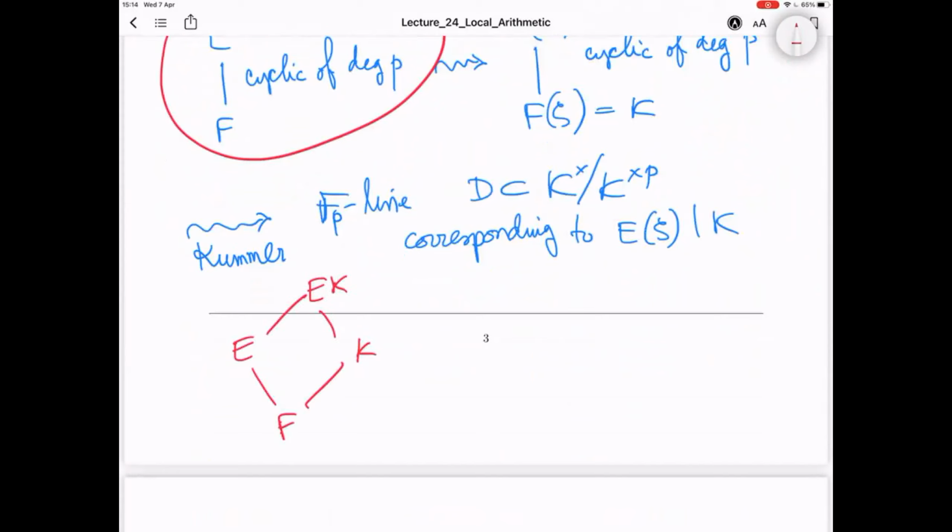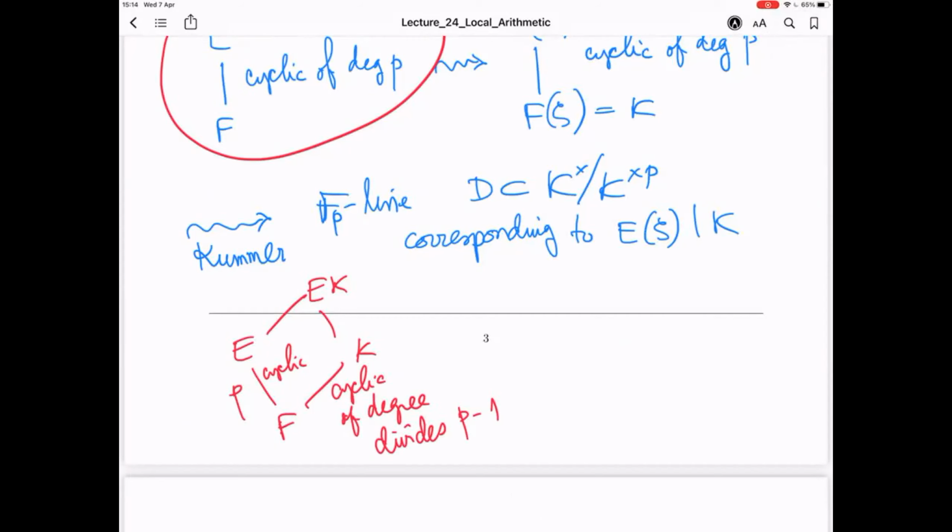This is of degree p, cyclic. And this is also cyclic, but I don't know the degree. All I know is that the degree divides p minus 1.